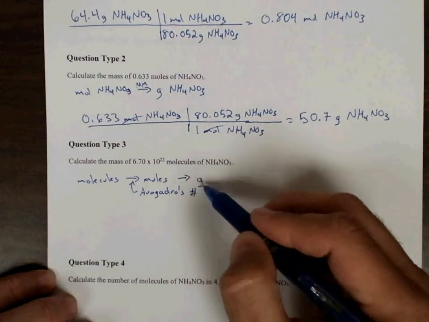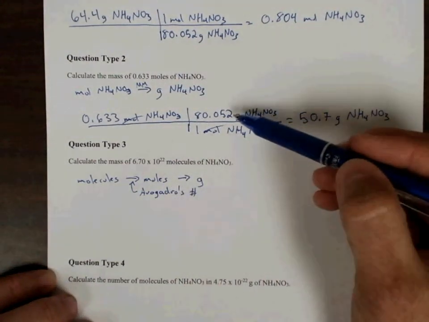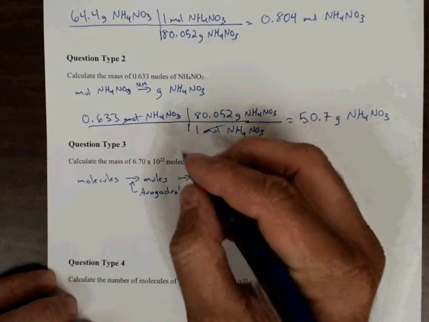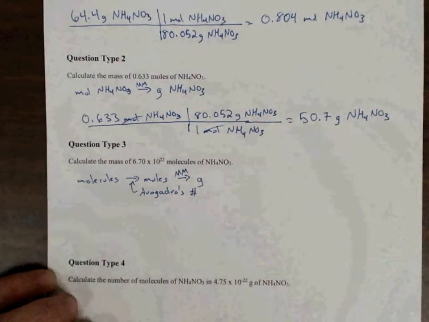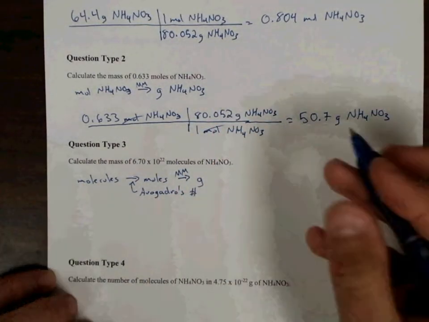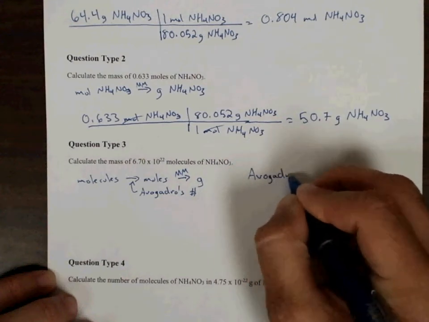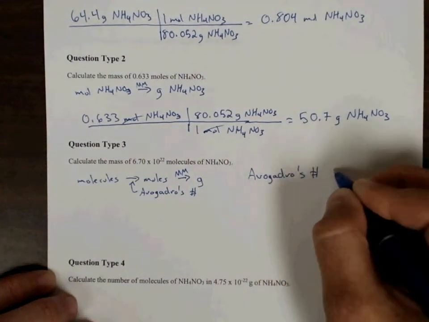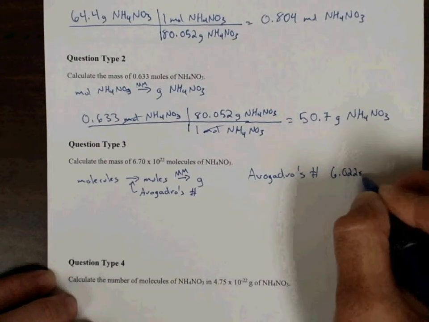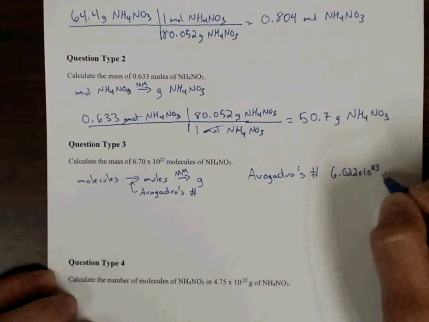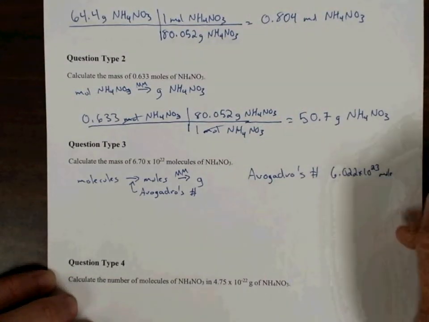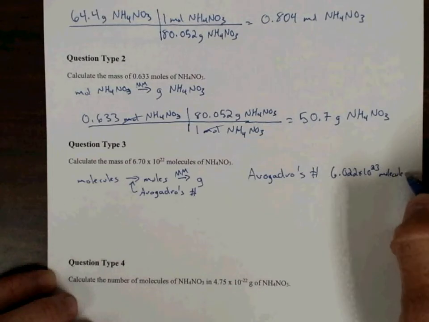The second from moles to mass is exactly like we did in question 2, so we need the molar mass of ammonium nitrate. You'll recall that Avogadro's number is 6.022 times 10 to the 23 molecules, atoms, particles, whatever you want to use, is equal to 1 mole.